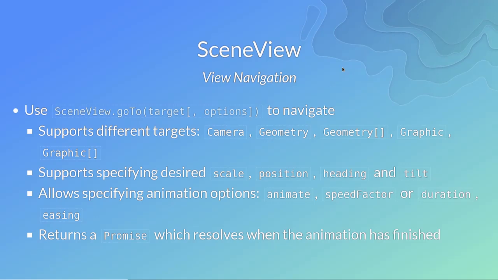We support specific desired scales and positions and headings and tilts, as you would expect. And it allows us to also specify what kind of animation we would like, if we would like an animation at all, or if we want to go there immediately. The speed factor and duration and easing.